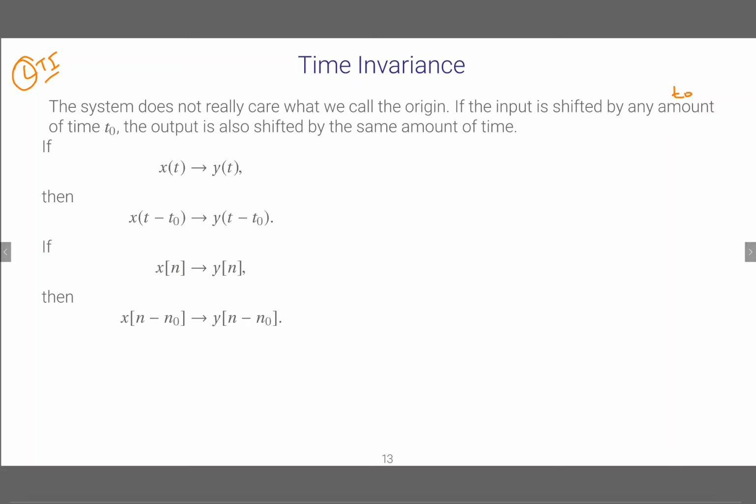So if x(t) produces y(t), our system is this, and if you give a shifted version, x(t minus t naught), it must produce the same output shifted. Similarly in discrete time, you have that.